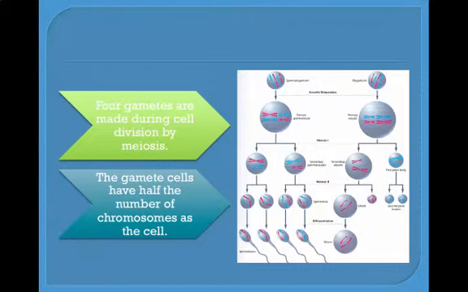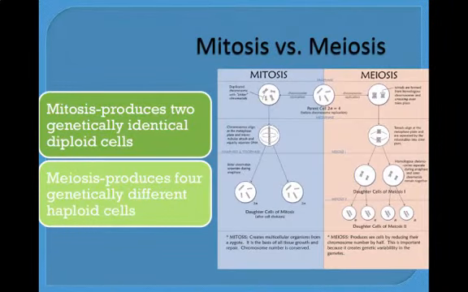But for every 1 egg that is formed, there's also 3 that are going to become polar bodies, meaning that they are going to be non-useful eggs, and they're not going to be ever used for sexual reproduction. So for every 4 sperm that are produced, we only have 1 egg that is produced, which is standard in human females.